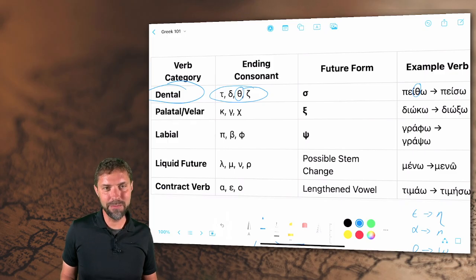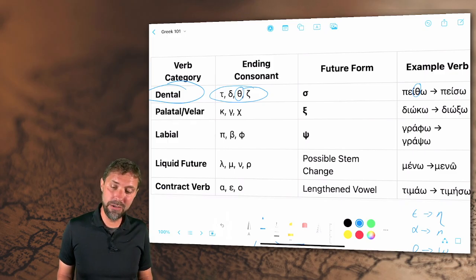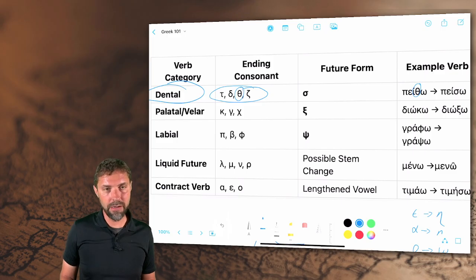way humans form sounds. Dentals, as in you went to your dentist, are sounds that are formed with your teeth, generally your tongue against your teeth. Ta, okay, I put my tongue on my upper teeth. Ta, da, tha, za. And in each one of those, actually a double sigma could go under here as well.